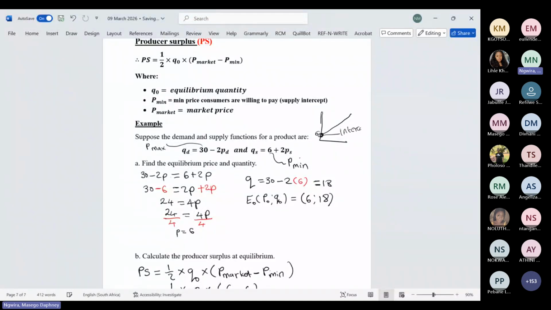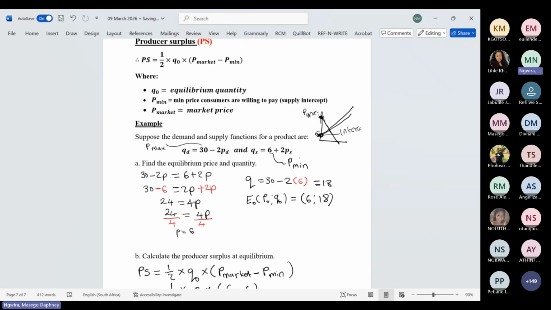So every time, your P minimum is your supply intercept, and your P maximum is your demand intercept, which makes sense because this is the maximum price of demand and this is the minimum price for supply. The demand function always starts here and goes down; the supply function starts down and goes up.